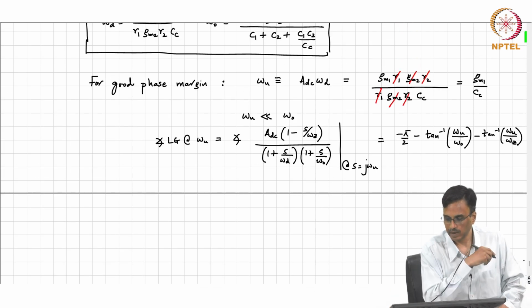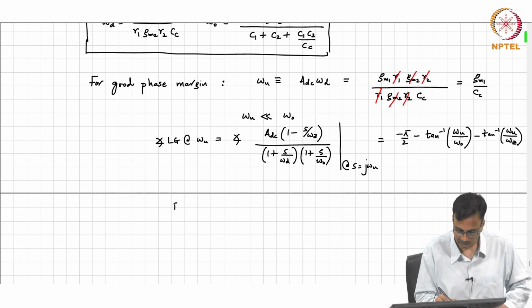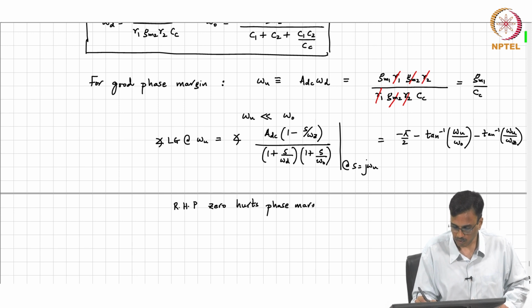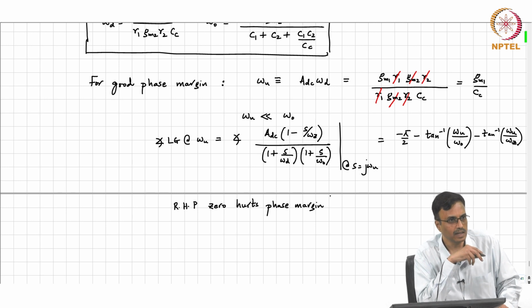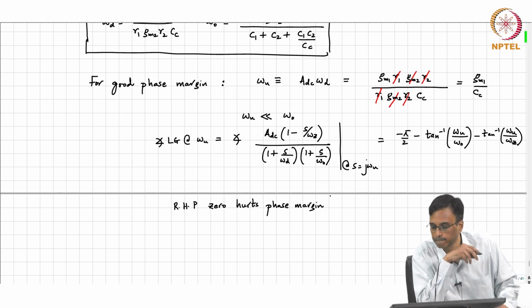So, basically the RHP zero hurts phase margin, because it increases the effective lag of the transfer function at the unity gain frequency.